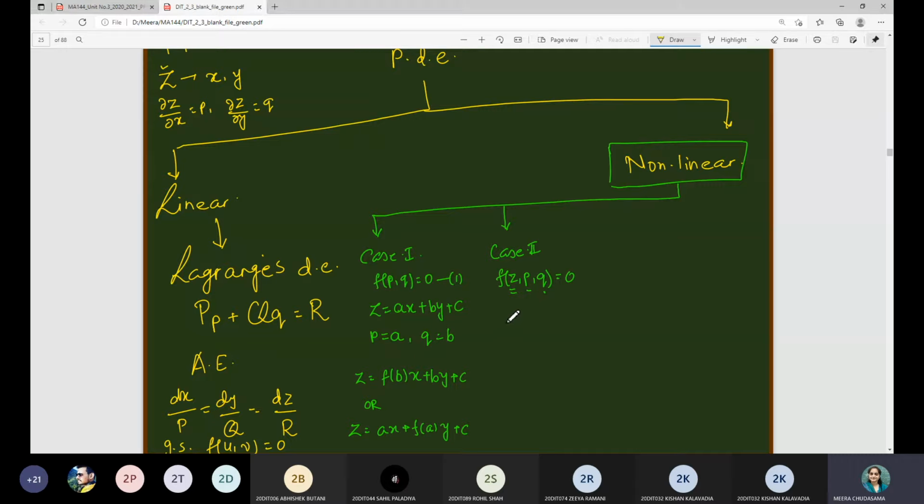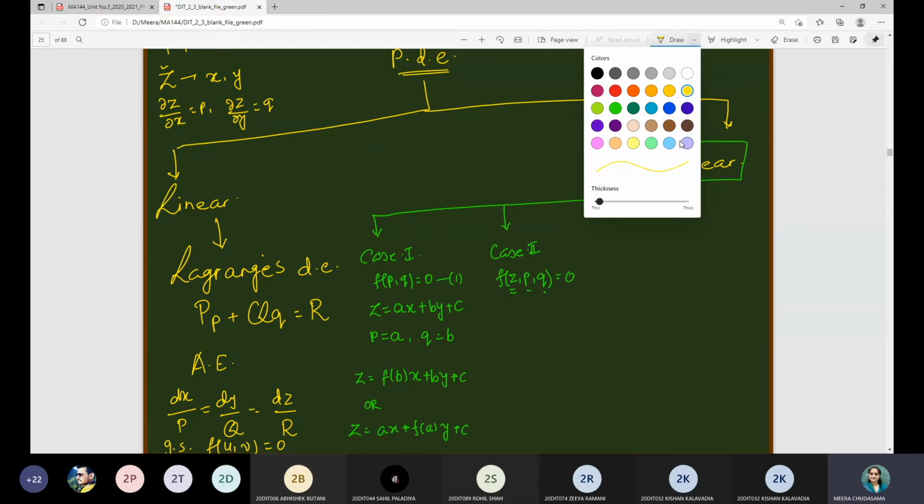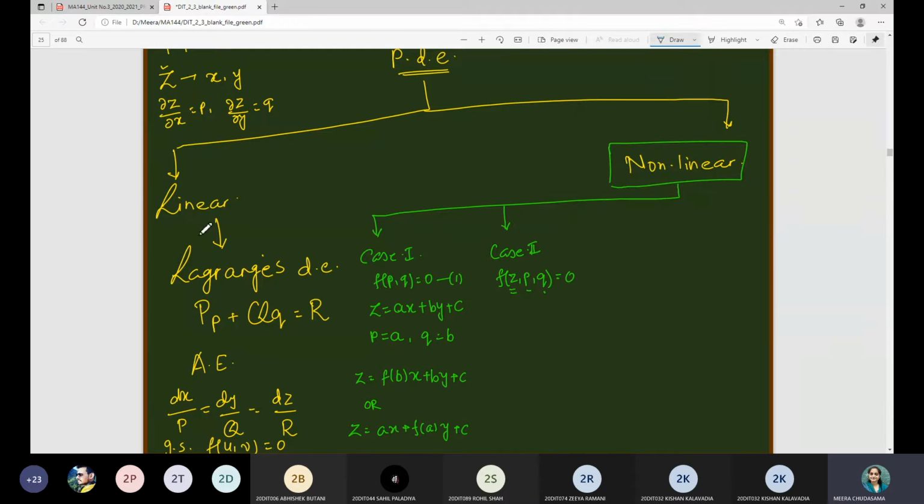So, if we talk about previous classes, we were concerned about the solution of first order partial differential equations. Categorically, we started with the partial differential equation. Suppose we consider a first order partial differential equation; we have partitioned it into two cases: one is linear, one is non-linear.